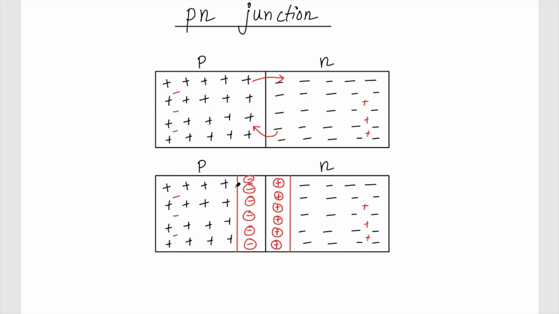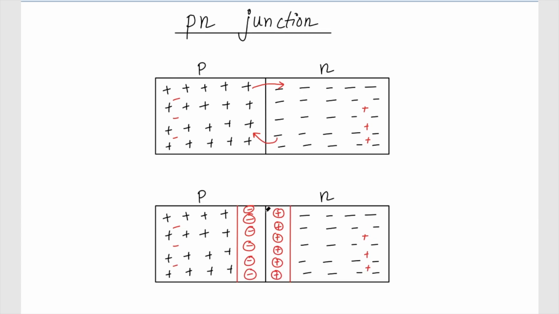So we can say that either the holes have diffused from the p side to the n side, or we can say that the electrons have diffused from this n side to the p side. And the overall result will be that this charge region is created and both of the charge regions are equal, because overall, if you see the p and n type material, it is still again a neutral substance.